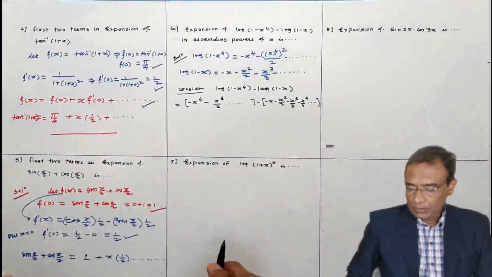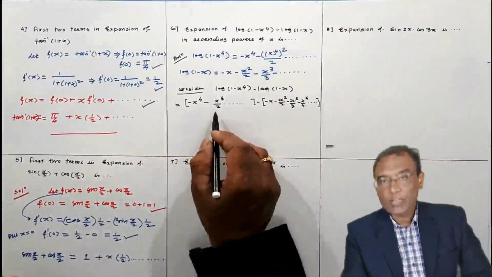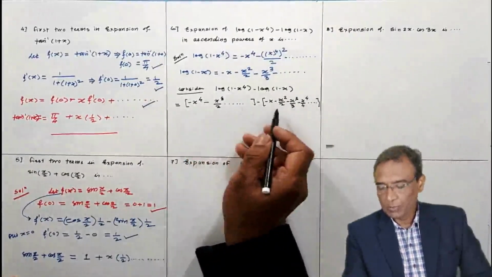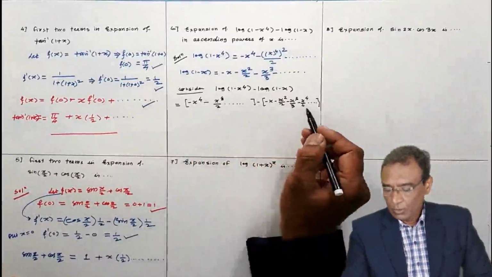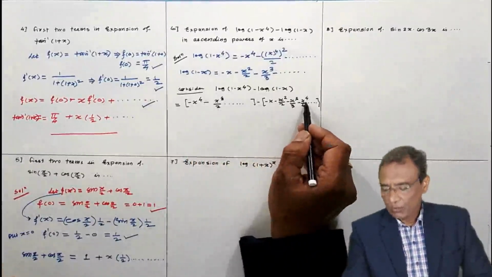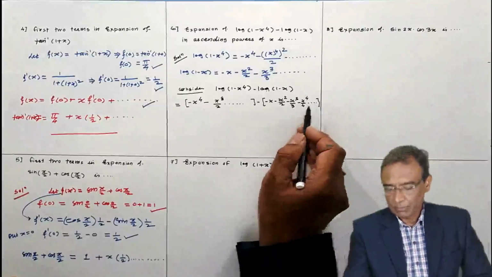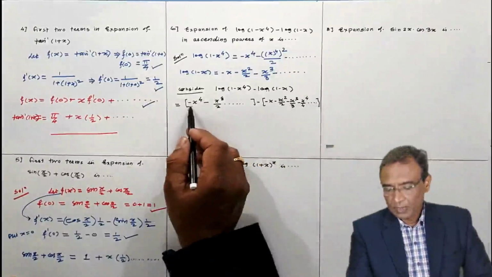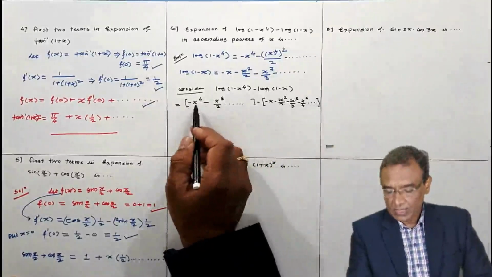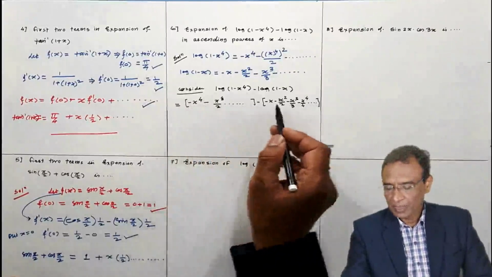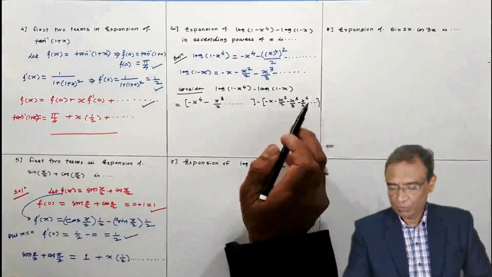This is expected in the examination. This will be in the option. But why did I write up to x to the power 4? There are many terms, but I know this infinite series starts from x to the power 4.